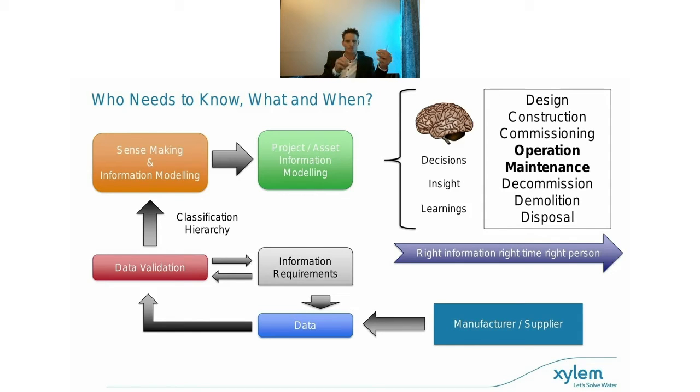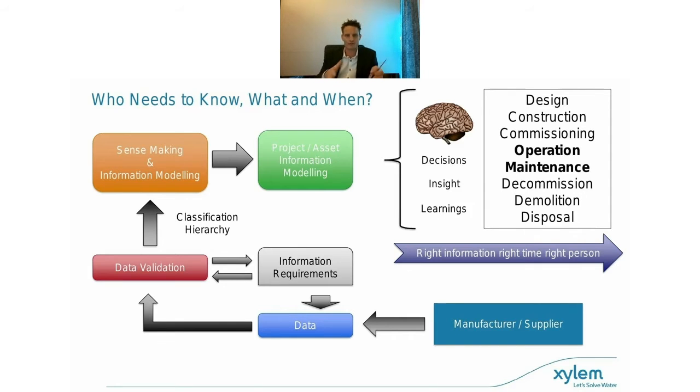And if we start to structure that or do information modeling, we start to put classification to it, hierarchy it, make some sense of it, we can then feed that into the common data environment within the project information model. And this is going to allow design, construction, commissioning to make the right decisions and get the right insight to have the best outcome for the project.